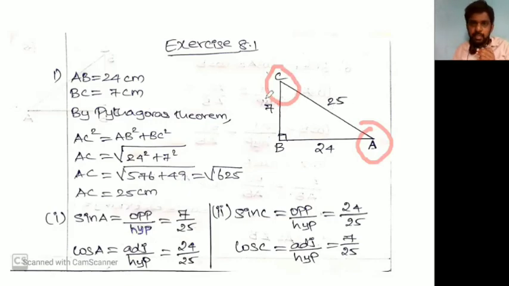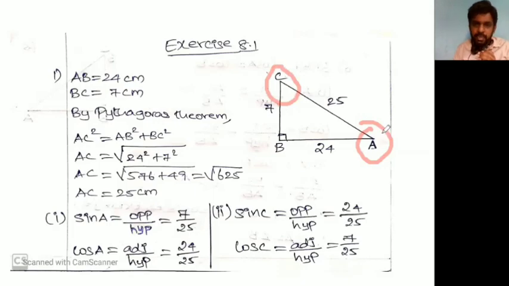So can we say that angle A and angle C are complement of each other? Yes, it is. So that is why cosine is given that name. Cosine actually represents complement of sine theta. So sine theta is 7 by 25 and complement of sine theta, cos C, is also 7 by 25.